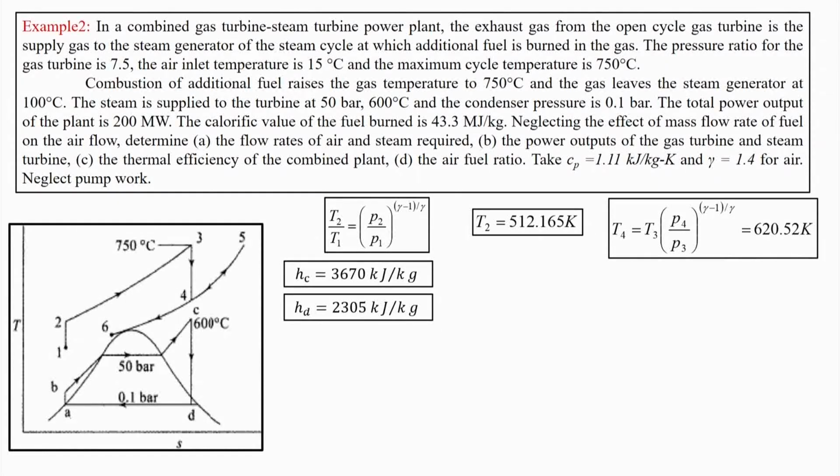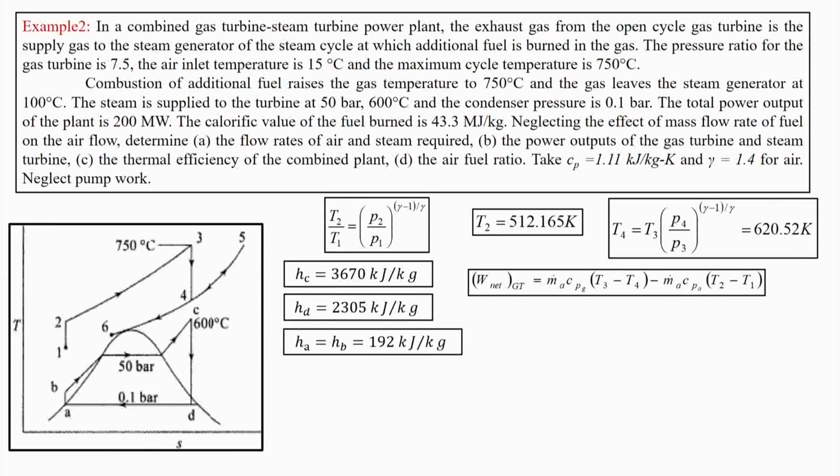Hd is Hf plus Xd into Hfg. For that we need the dryness fraction at D, so we equate the entropy at C and entropy at D and find the dryness fraction. Knowing this, we can also equate Ha is equal to Hb. We are supposed to neglect the pump work, as given in the example.